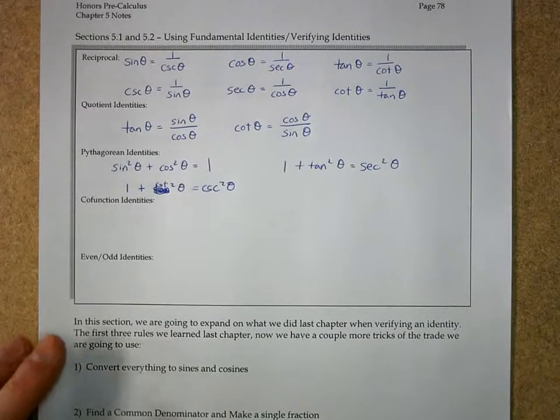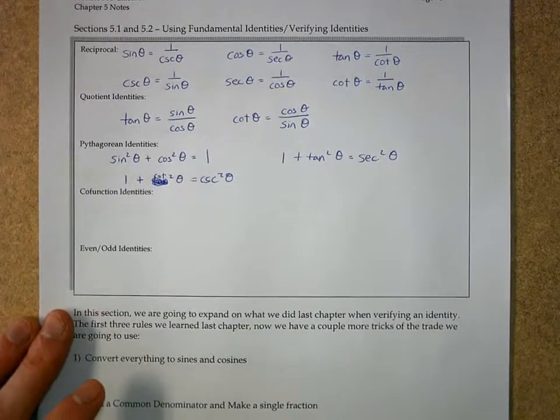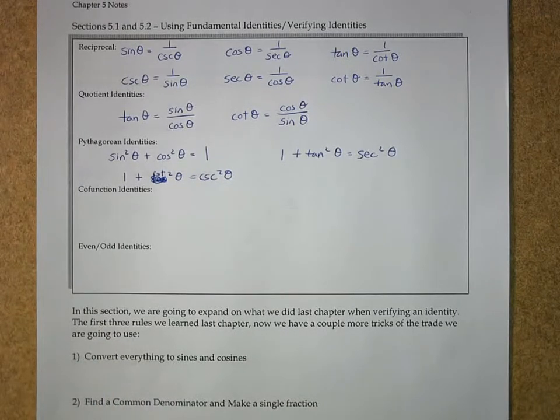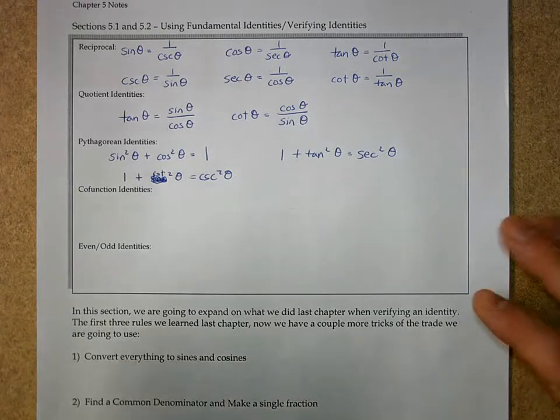The fourth group were the cofunction identities, and the cofunction identities are the 2 identities that if we've got angles, they need added to be 90 degrees or pi over 2. And the way we looked at cofunction were they had the words co in front of it. So sine was paired with cosine, secant was paired with cosecant, and tangent was paired with cotangent.